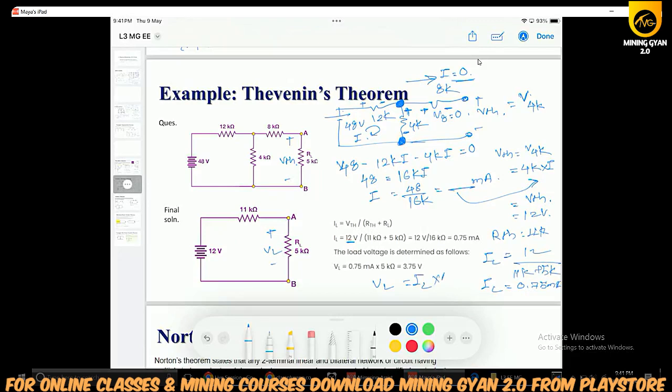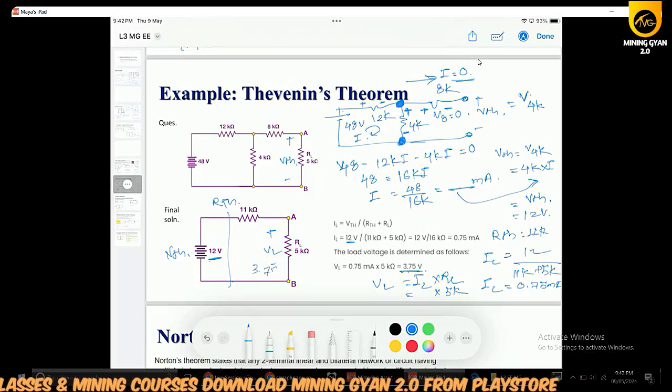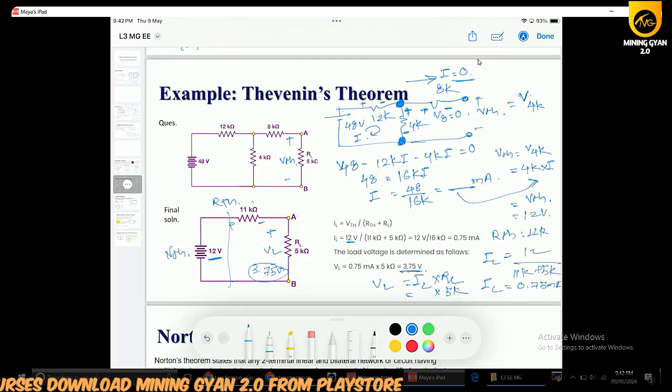VL, the voltage across this load resistance, will be IL into RL. What is your RL? That is 5 kilo ohms. Then you will get 3.75 volts. This is the VTH, this is RTH. If the total 12 volts is applied in this network, then you will get 3.75 volts across this load resistance, and the rest of the voltage will be dropped across this 11K resistance, that is 12 minus 3.75.